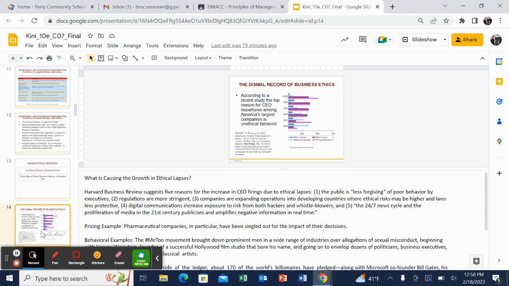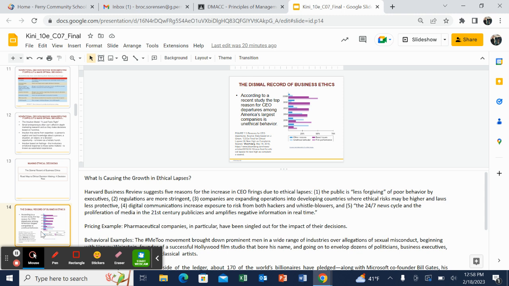According to a recent study of top CEO departures, among the largest reasons for people leaving is unethical behavior. It's really shot up from 2016 to 2018, which looks like the last time they polled.